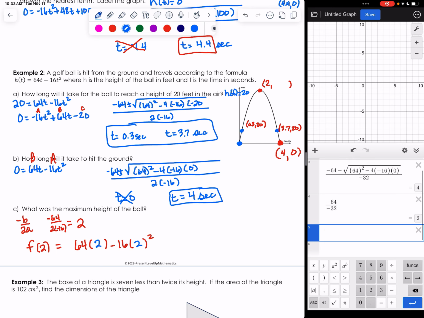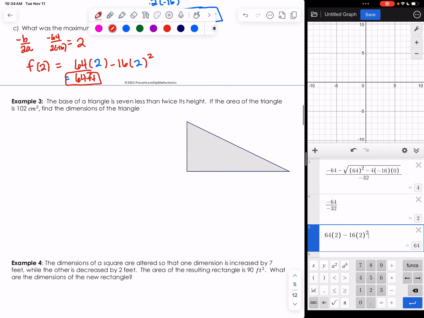And then we'll evaluate this. 64 parenthesis 2 minus 16 parenthesis 2 parenthesis squared. So that would be 64 feet. So our maximum height of the ball is 64 feet.